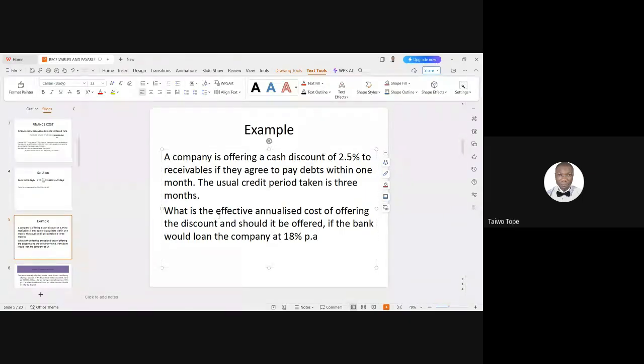The question is, what is the effective annualized cost of offering the discount, and should it be offered? So the question I want to ask is this.